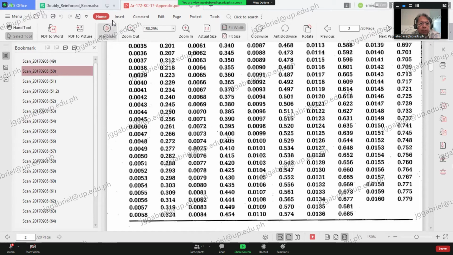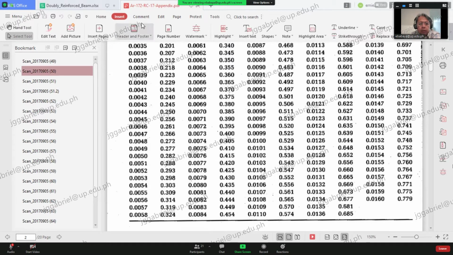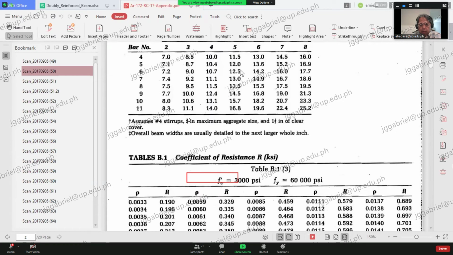How did we do that? Did you get that? So that's how you use this table.